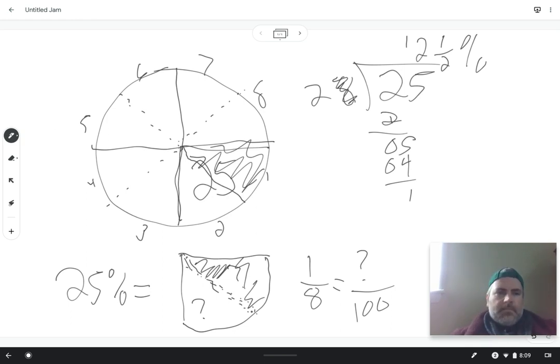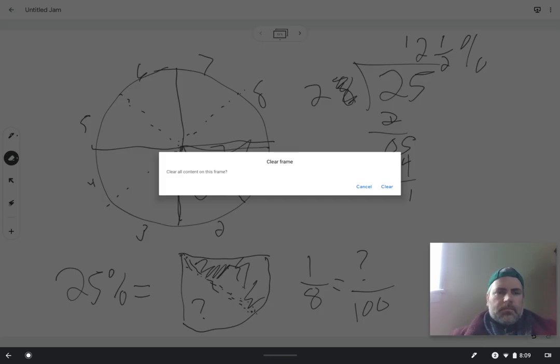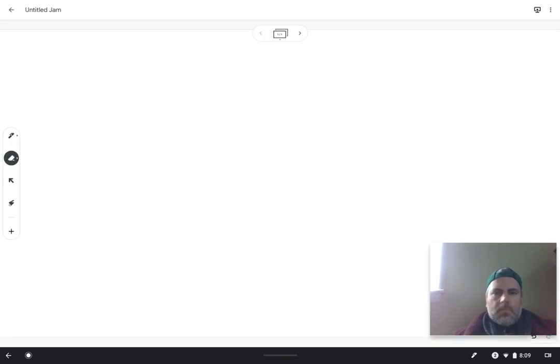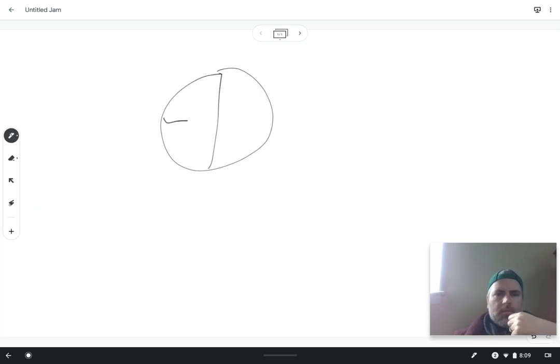What about this, though? We're going to take that again. 25% divided in half. 25% divided in half is 12.5%.